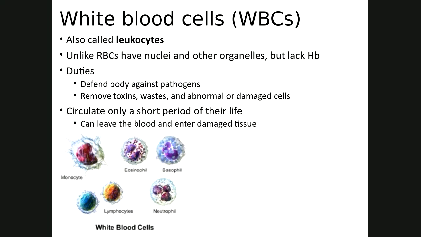And then some of them are part of the specific immune system, and that means they have a very unique role in helping the body target a virus or a bacteria or a pathogen that we know is inside of us and that we're at war with, and we're trying to kill it and remove it as quickly as possible. Okay, so those are the white blood cells.